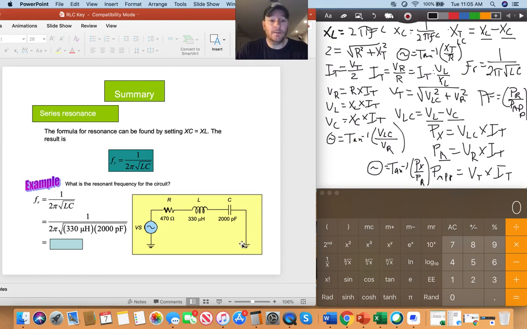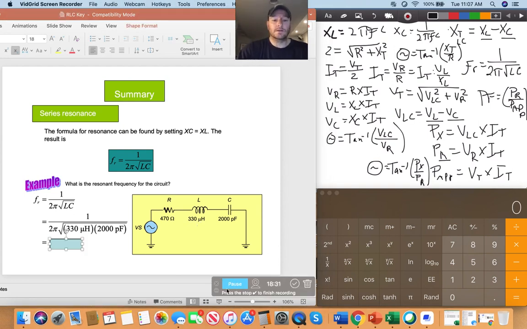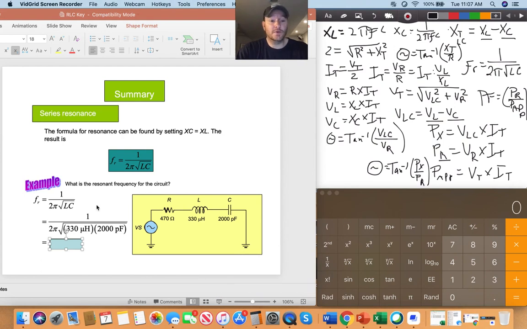So here I have 330 microhenries. Okay, so let's go ahead and run this through the formula here. So again, let's just see how it goes. It's microfarad, so it is 0.00033 times pico, which is to the negative 12.